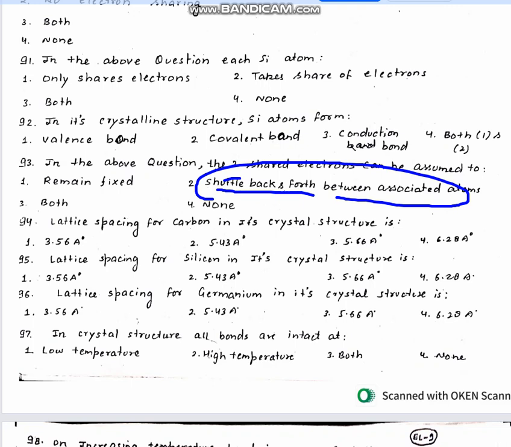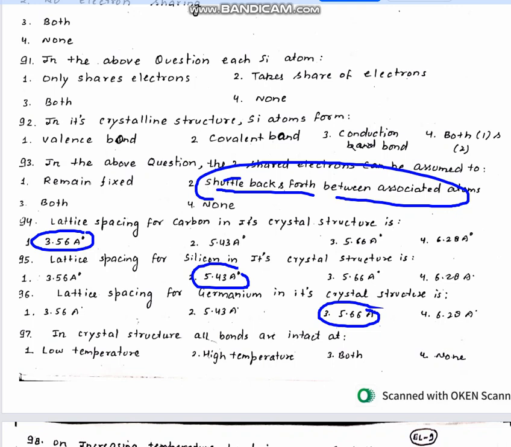Can be assumed. Next is lattice spacing. Lattice spacing for carbon in its crystal structure is about 3.56 angstroms, whereas for silicon it's 5.43 angstrom, and for germanium it's 5.66 angstrom.